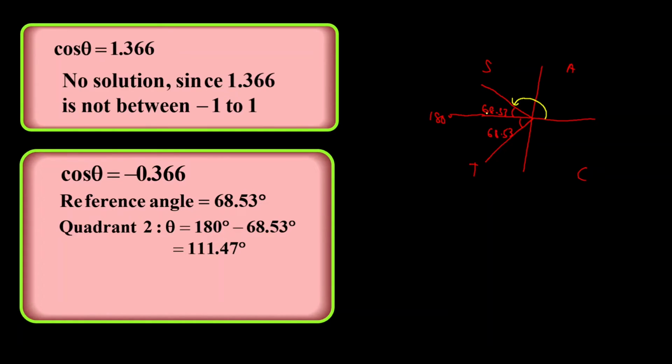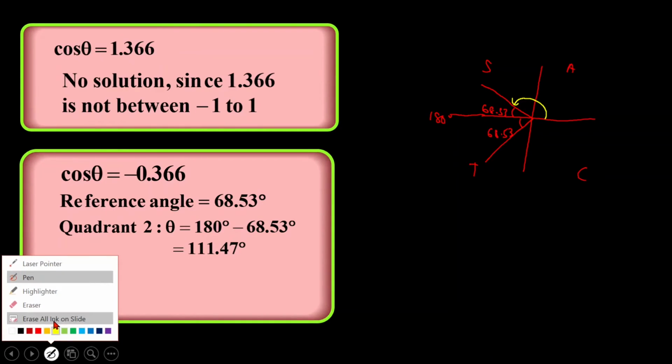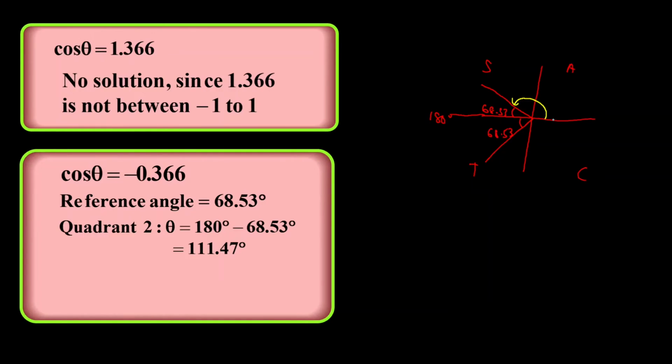And then for the third quadrant, I'm going to have this from here until there, which means I'm going to take 180 degrees and add the 68.53 degrees, which is my reference angle.